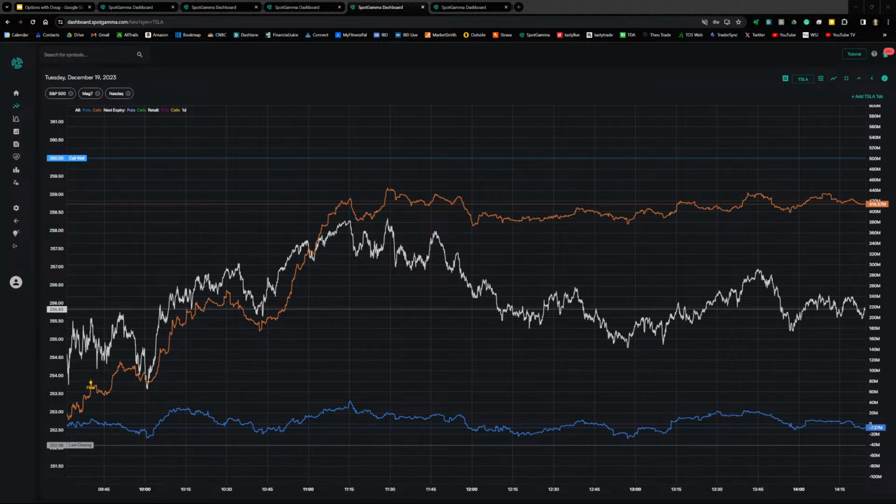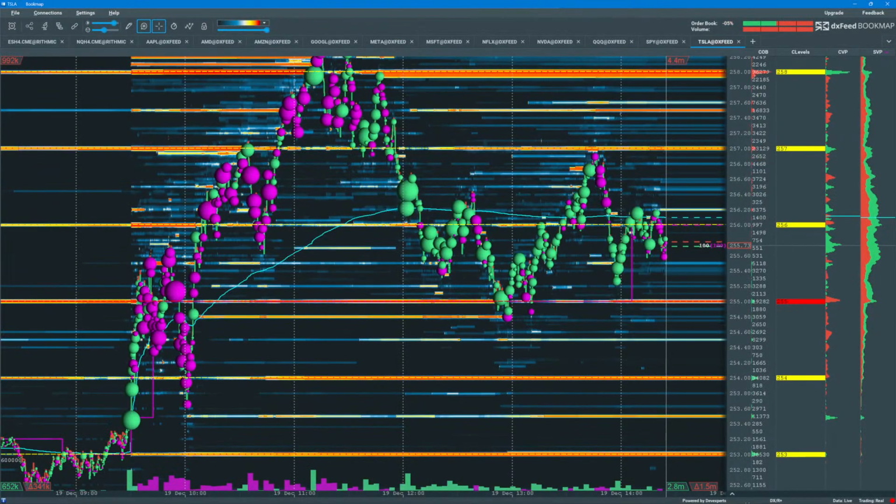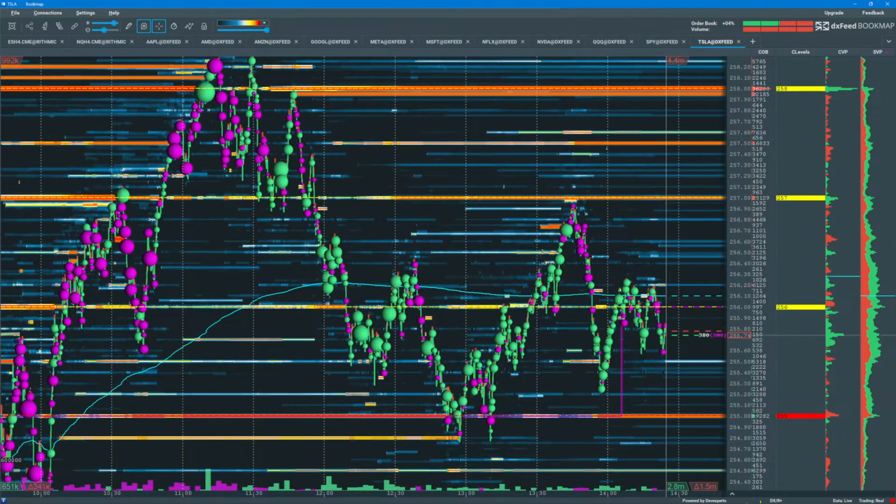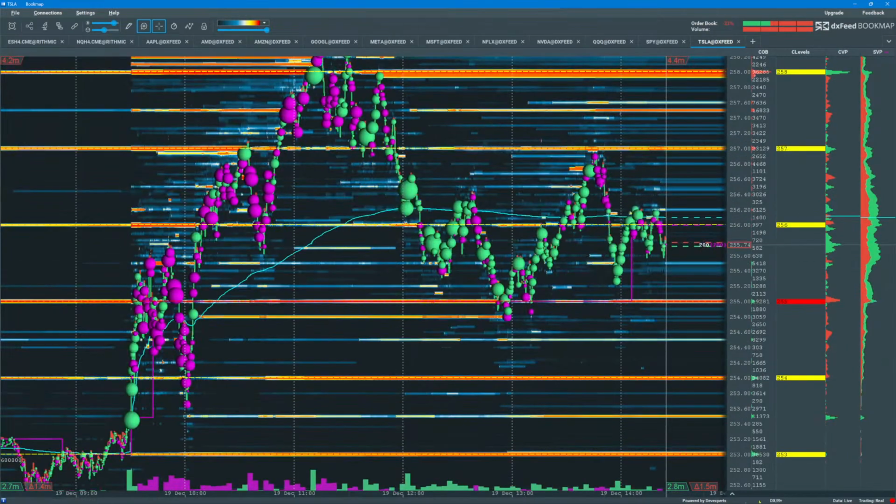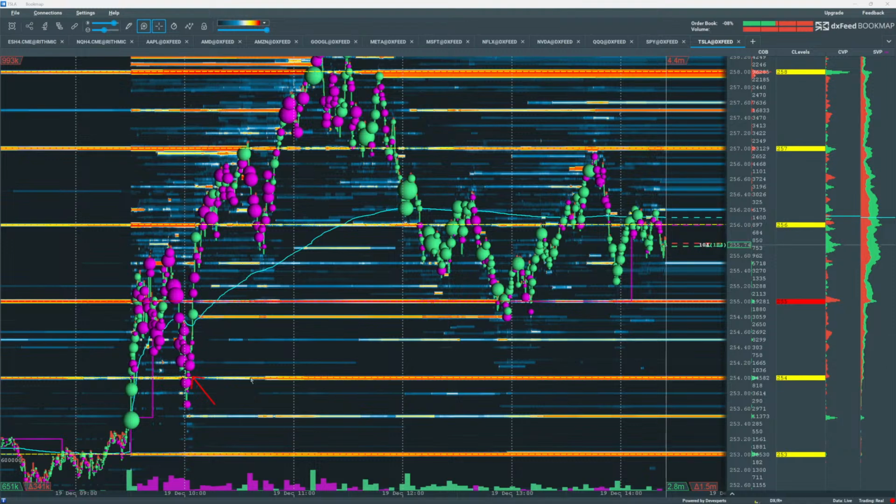Let's go take a look at Bookmap. Oops. So here's the long entry, 10 a.m. We know that traders are buying calls. Market makers selling the calls, buying stock. Flow alert indicates significant options activity. So that could be an entry point for, again, a day trade, swing trade, or a longer term trade, depending on your time frame and what else you're looking at.